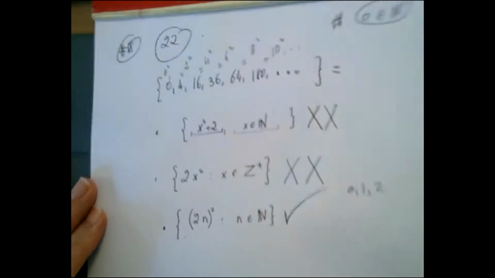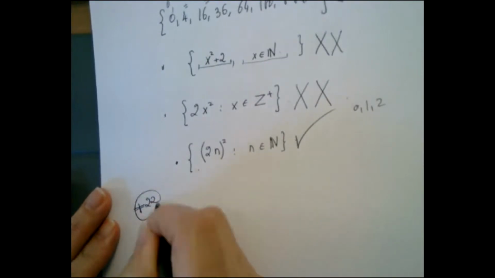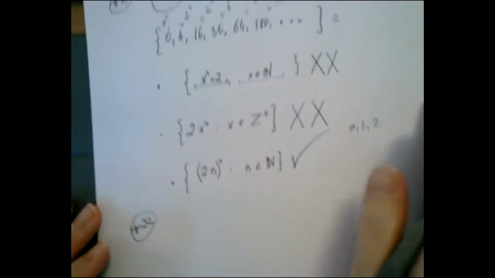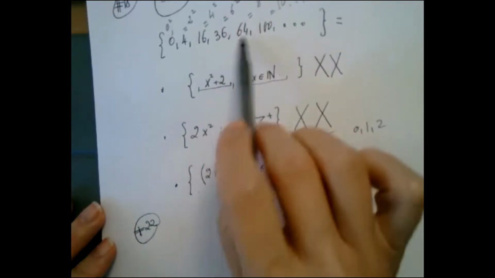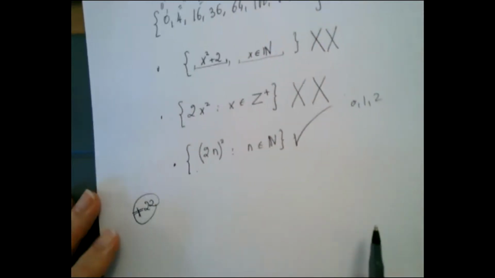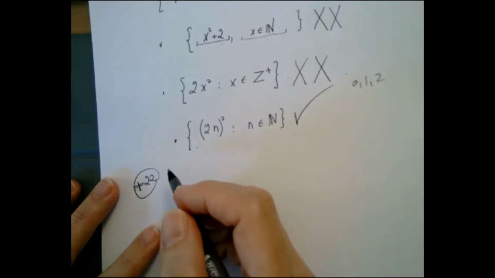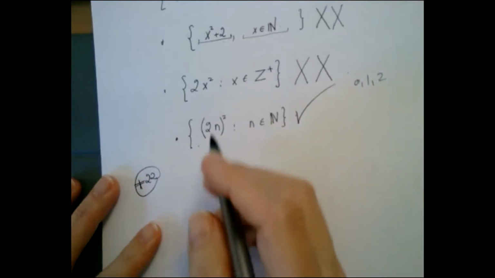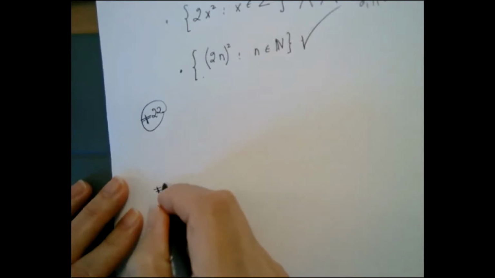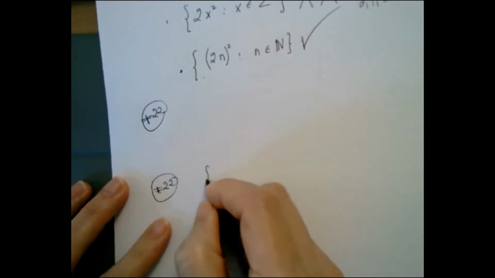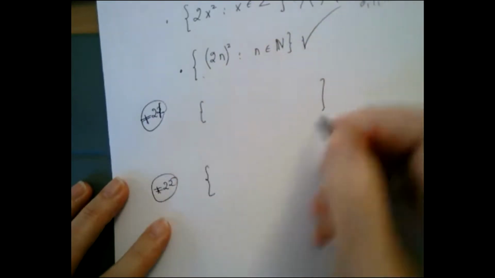All right, move on. Number 22. Every time you write something in set builder notation, you have to go backward and ask yourself, do they give me the same elements? That's crucial. Number 22 is quite tricky, so I'm going to write it here, and I'm going to put 21 here because somehow they are related.